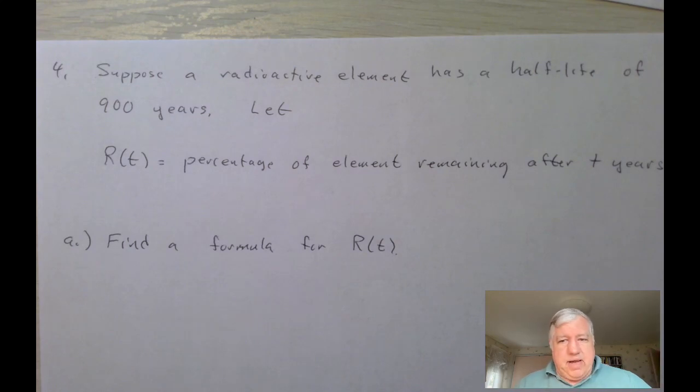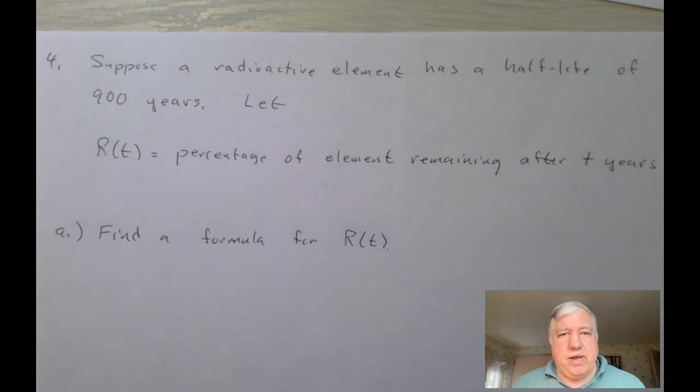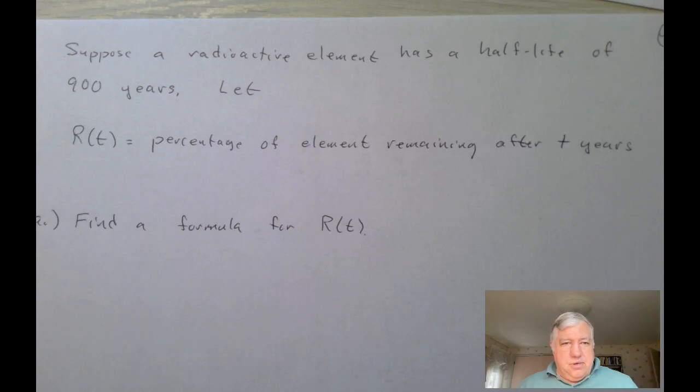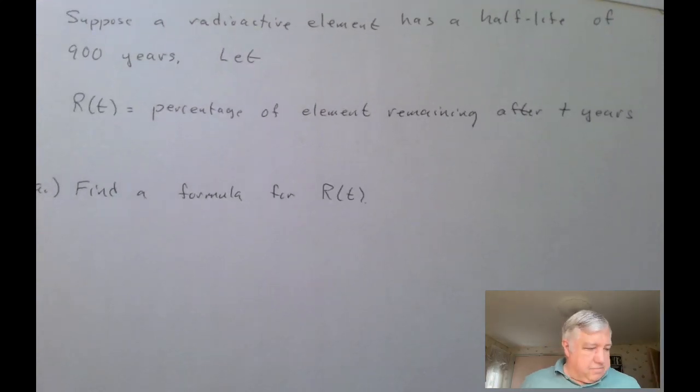And that's the amount of time it takes for it to decrease to half its size. So, we're saying everything decays exponentially. In this example, a certain radioactive element has a half-life of 900 years. And if we let R of t be the percentage of the element remaining after t years, I'd like to first find the formula for R of t.